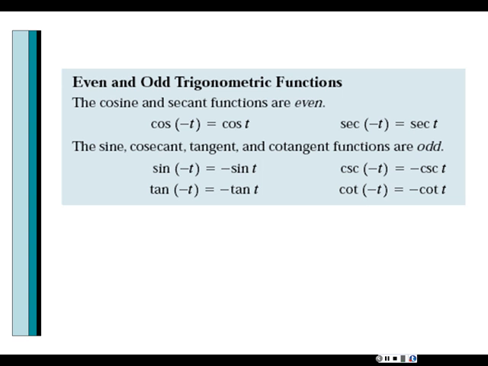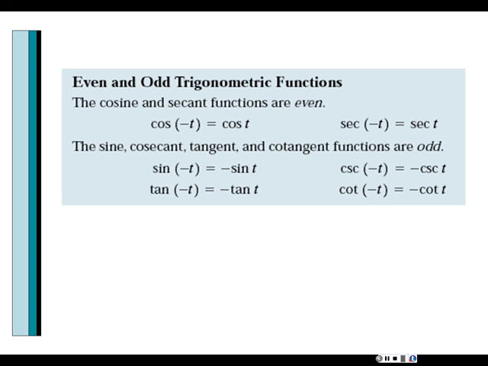Also this is an interesting slide just to make sure that we understand which of these 6 functions are even and which are odd. Interestingly, only cos and sec are even functions. Remember the property of an even function?